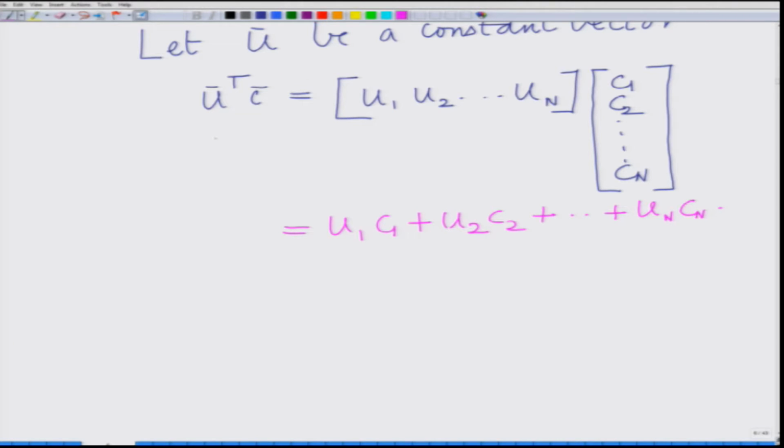Okay, we already said this u bar is a constant vector. So, this is my u bar transpose C bar.